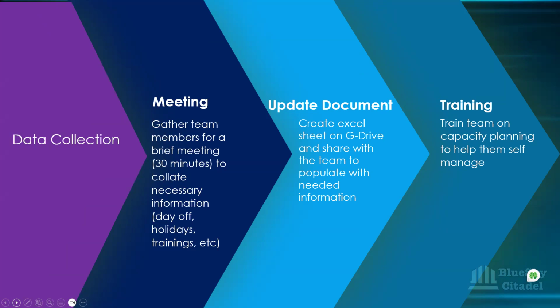So you gather the team together, you brief them on what it's all about, why you need to collect that information and all that, and then maybe you have a spreadsheet where you've put all the dates on and everything, and then you're able to take what's your day off. Do you have holidays? Do you have trainings? All that information. That's the data you want to collect from them, because that's what you're going to use to calculate the capacity.